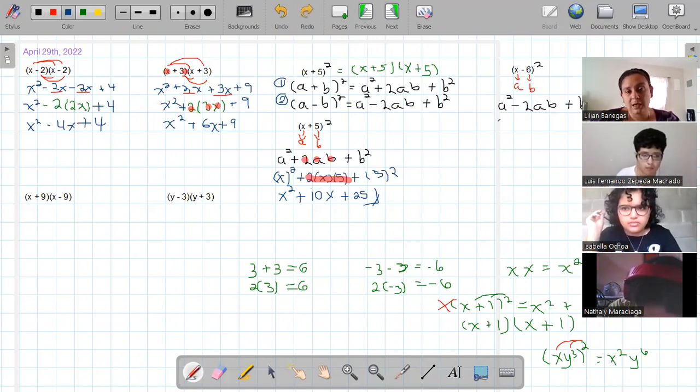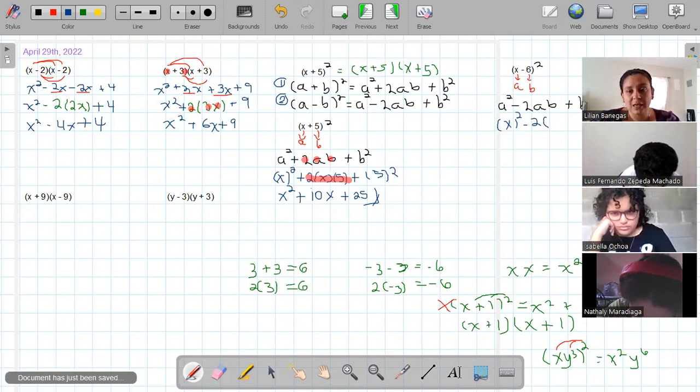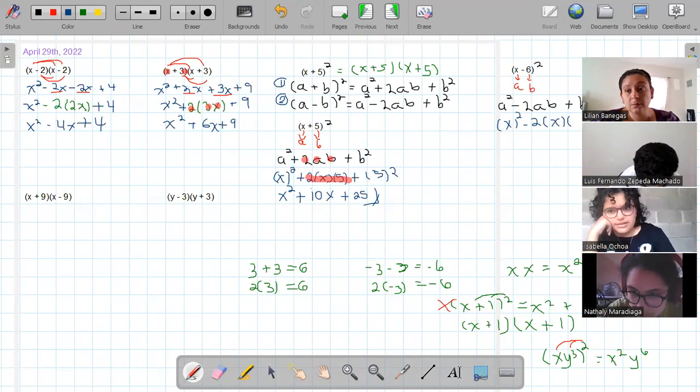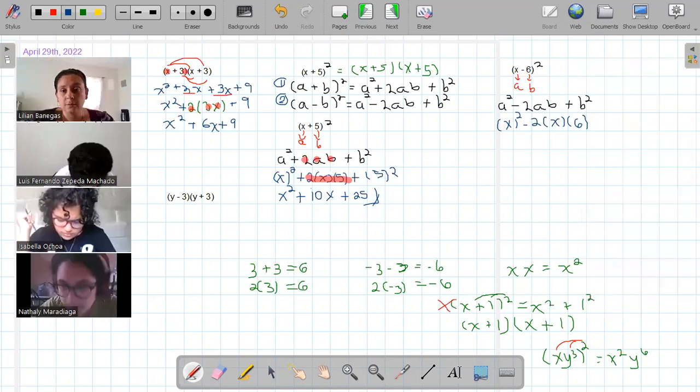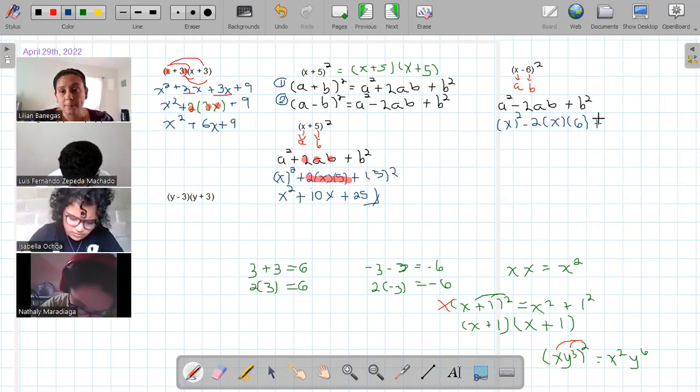X squared, X elevated to the second power, minus the 2 of the formula. We said that A was X, and how much is B? 6, only 6, perfect, without the sign, plus B to the square.